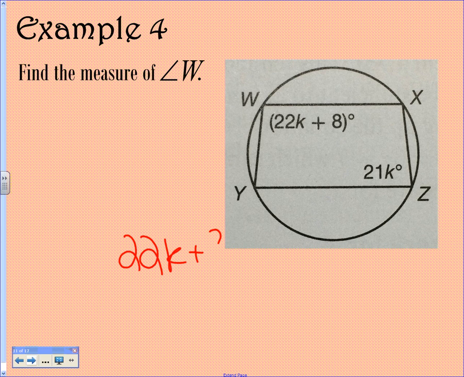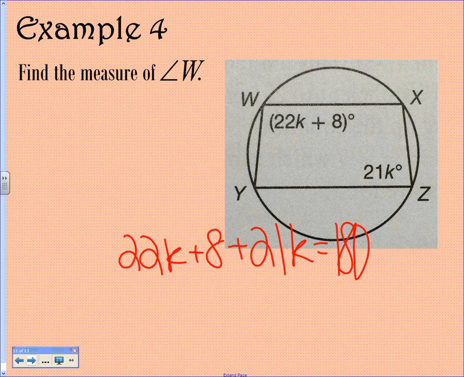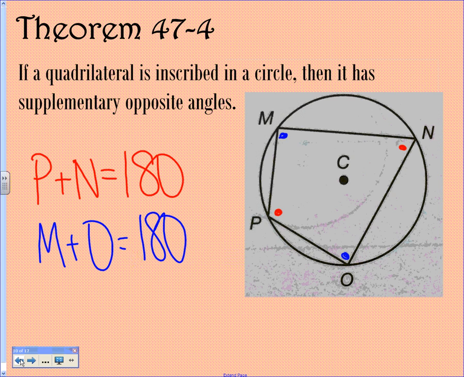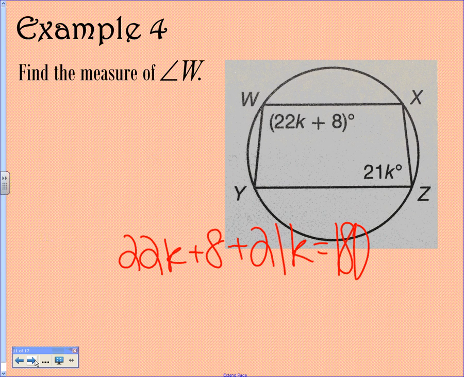No, they add. That's what you would set up first, because of this theorem. Opposite angles equal 180, only if they're inscribed in a circle.